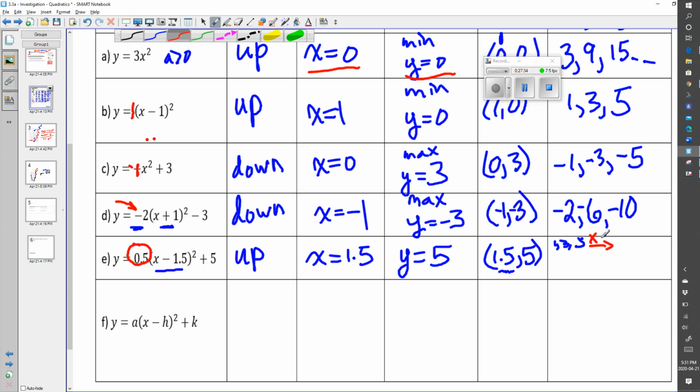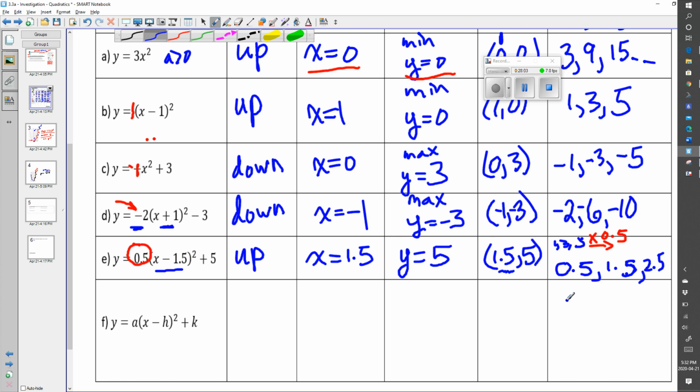So times it by 0.5, and that's what your steps are for the new graph. So the new graph is 0.5, 1.5, and 2.5. So we would go over 1, up 0.5, over 1, up 1.5, over 1, up 2.5.